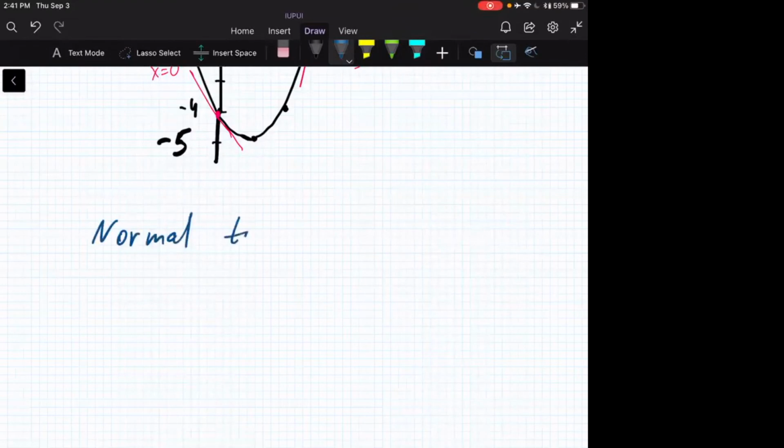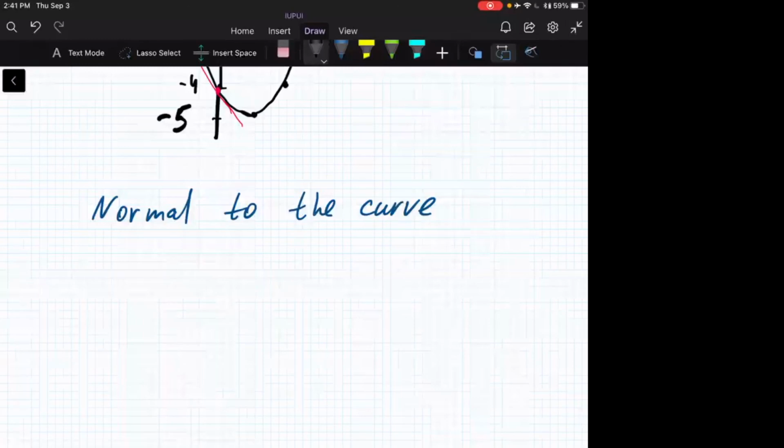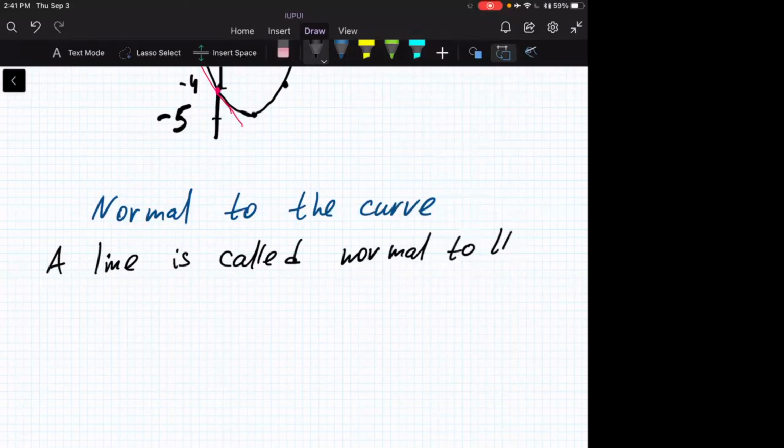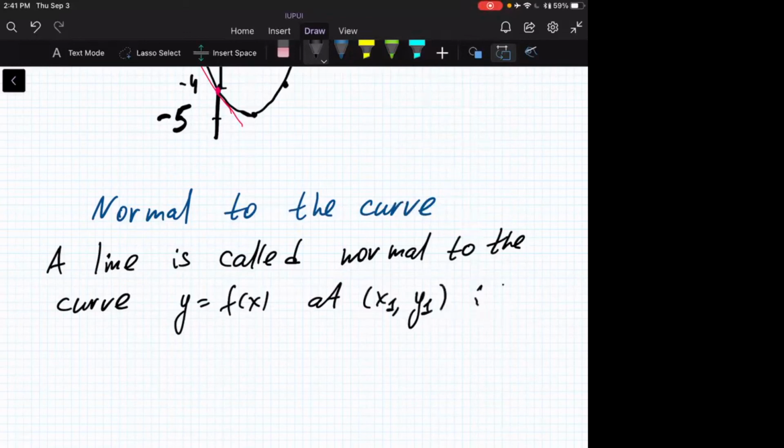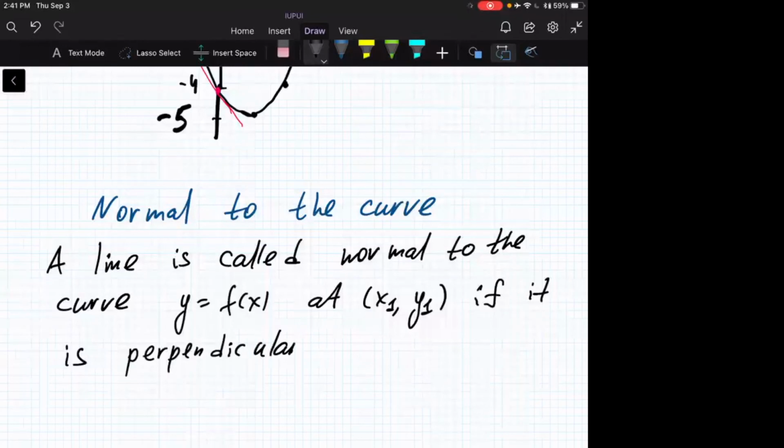And the final thing that I wanted to say today is about the normal to the curve. So a line is called normal to the curve, say y equals f of x, at point x1, y1, if it is perpendicular to the tangent line.